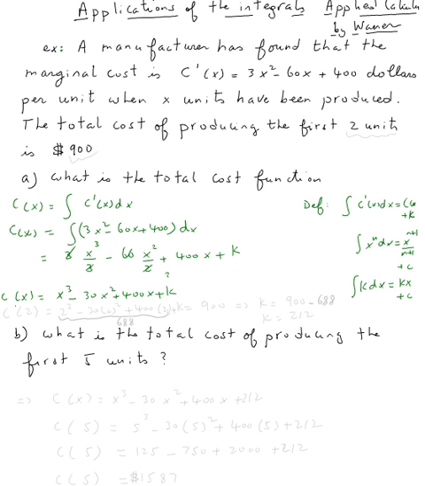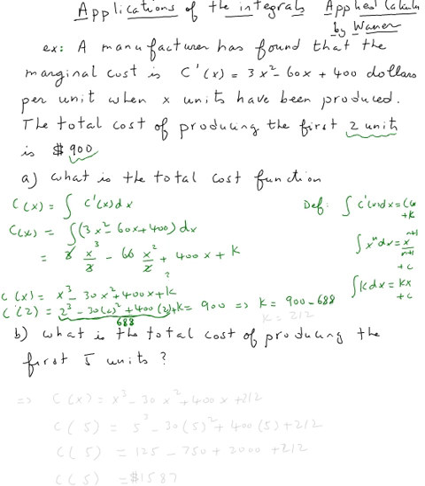Now I need to find this constant. And how do I find the constant? I'm going to use the fact that if x is 2 units, then C is $900. In other words, C of 2 is equal to 900. But what is C of 2? It is 2 cubed minus 30 times 2 squared plus 400 times 2 plus k. Now, pretty easy. k will be what? It will be 900 minus, if I add these numbers, I'm going to get 688.